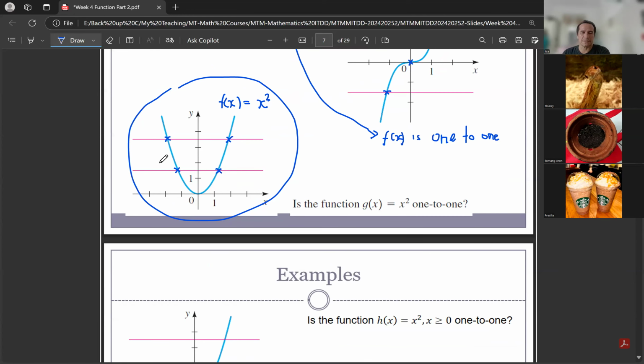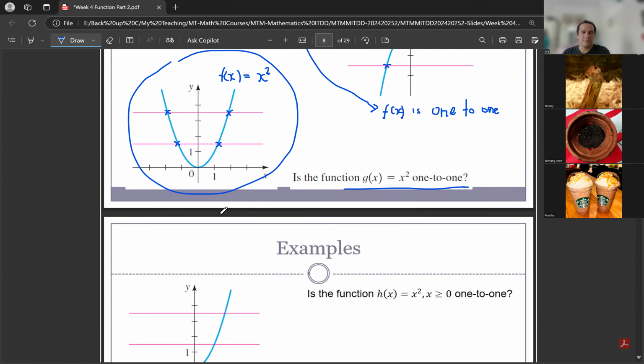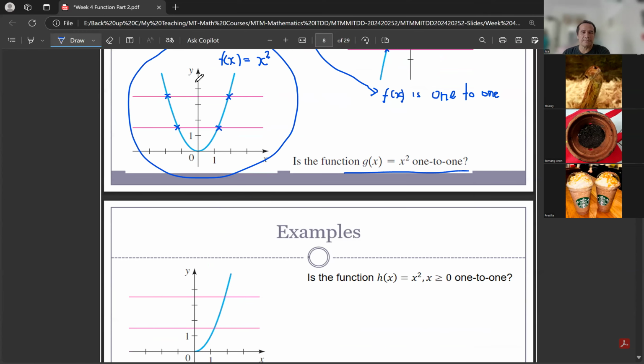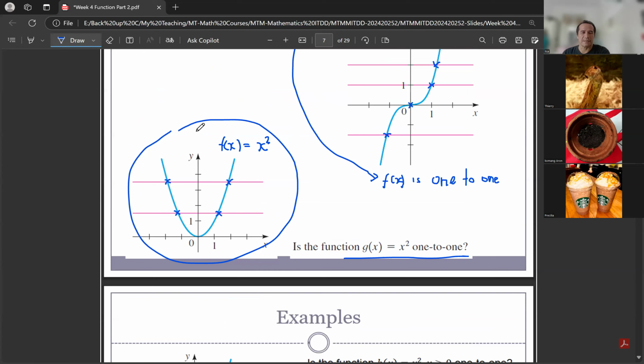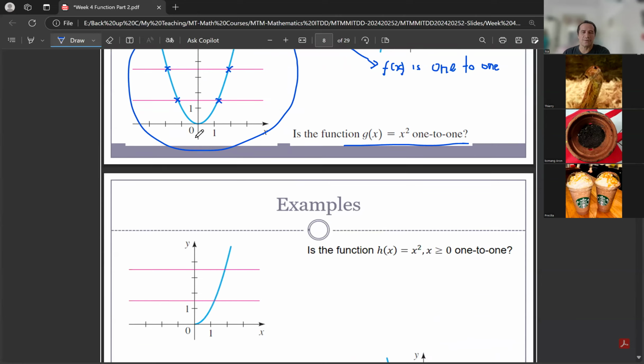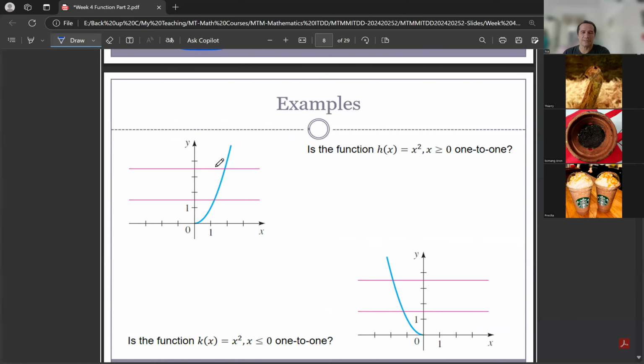For example, this is not one-to-one, but by doing some limitation to the domain, the limitation makes our function become a one-to-one function.